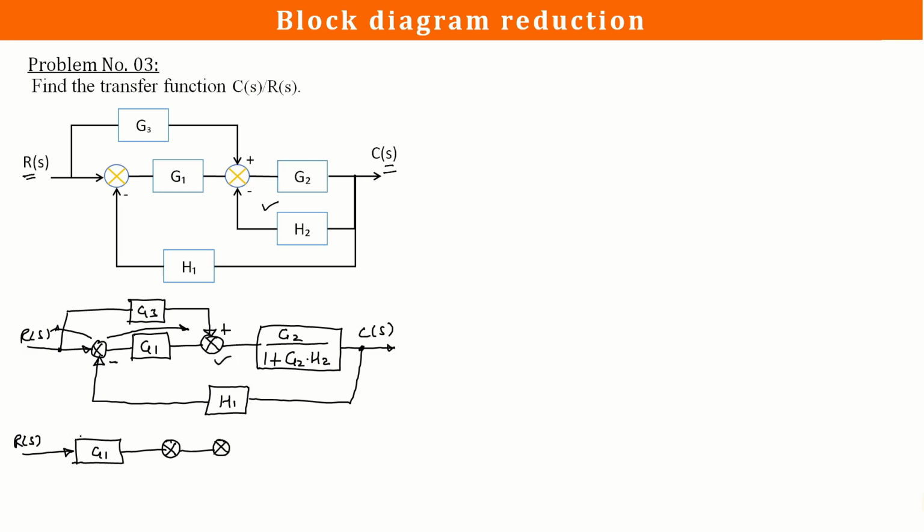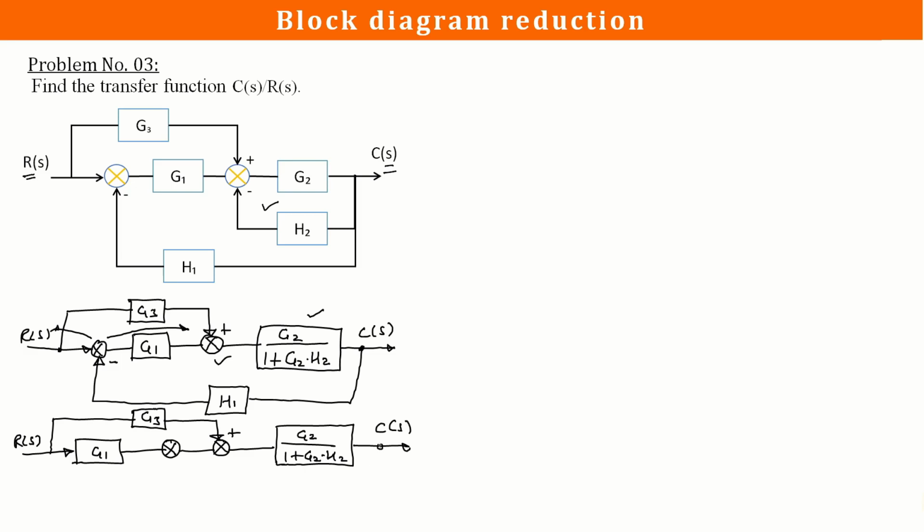To this summing point we have block G3, which is ending here with a positive signal, and after that we have this block. We'll repeat it as it is, 1 plus G2 into H2, and then we have an output signal as C of S.